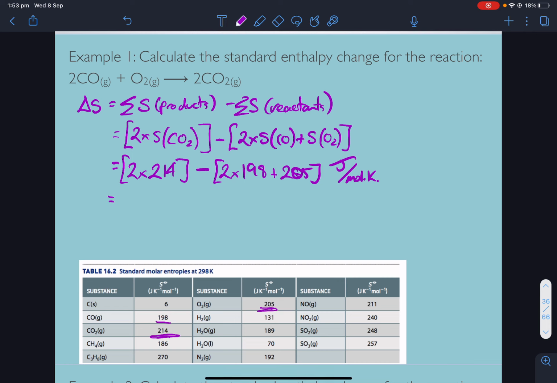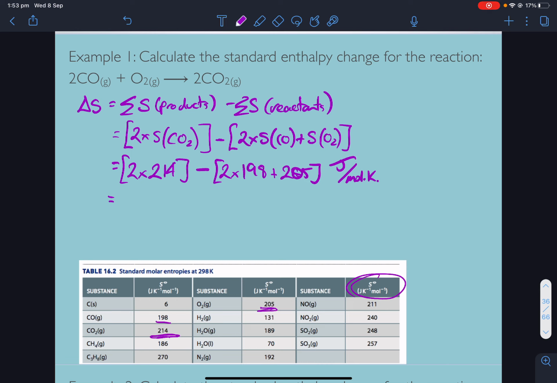So be careful, most of the entropy values will be positive. A couple could be negative. Let's not go there. So you don't really need too much to keep an eye on your double negatives here.